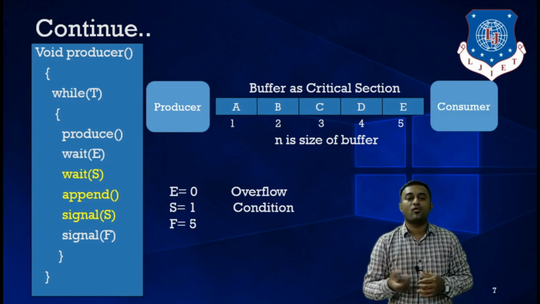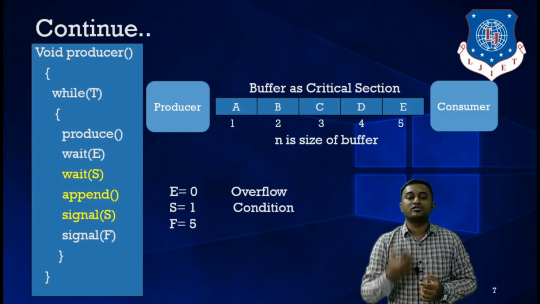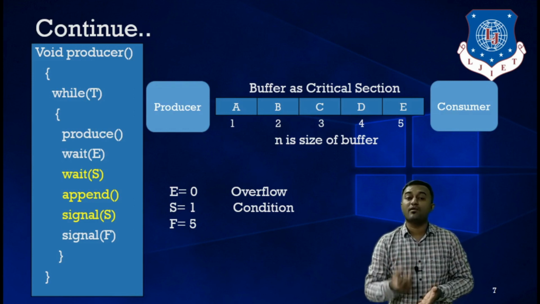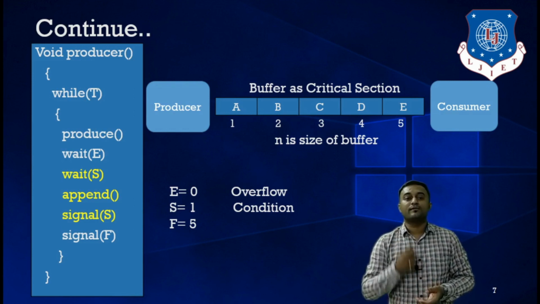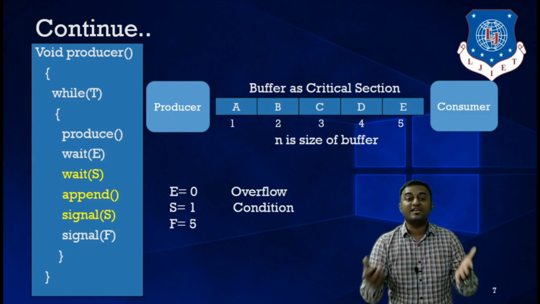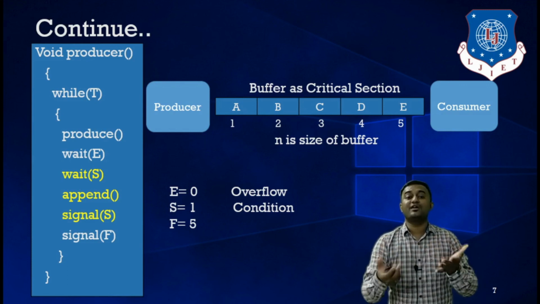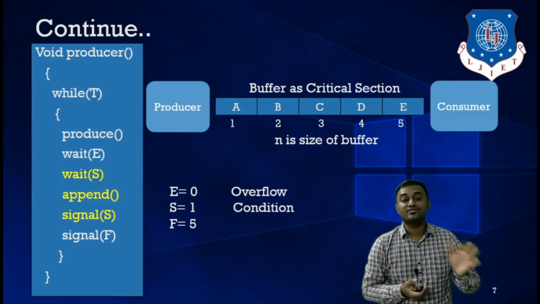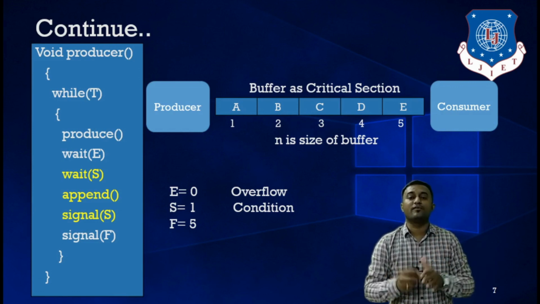So let us check the overflow condition. Can we execute the logic of the producer if we do not have any empty space in the buffer? Let us check. So the first statement is wait on E. But the value of E is already 0. So we cannot reduce the value of E if the initial value of E is 0. Yes. So we cannot insert any element if the buffer is full.